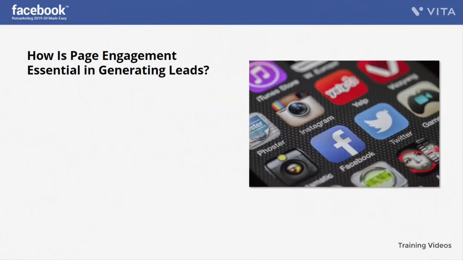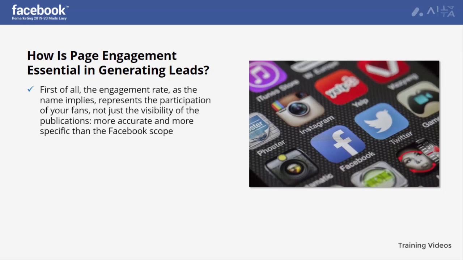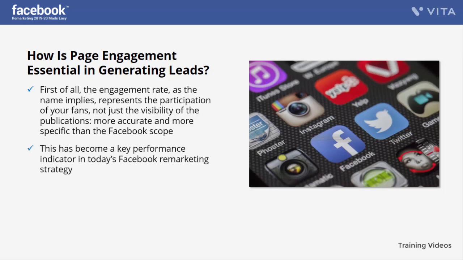How is page engagement essential in generating leads? First of all, the engagement rate, as the name implies, represents the participation of your fans, not just the visibility of the publications. More accurate and more specific than the Facebook reach. This has become a key performance indicator in today's Facebook remarketing strategy.